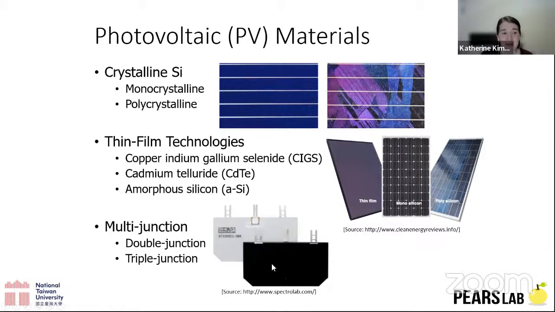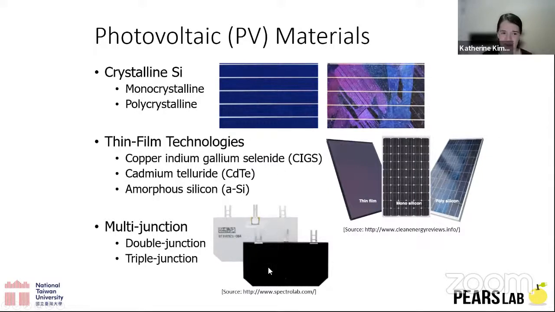Another type is multi-junction. These are used for space and are generally not used for terrestrial applications. They can be in certain situations, but they're quite expensive. Each of these panels is going to be at least 10, maybe even 20 times, maybe even more, more expensive than the crystalline type, or even the thin film technologies.